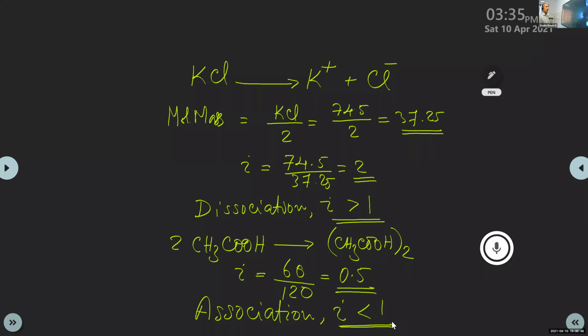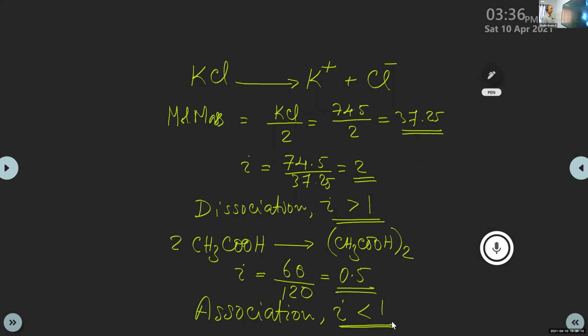So the experimental molecular mass, that is the abnormal molecular mass, is almost double the theoretical value. The theoretical value is 60 and the calculated or abnormal molecular mass is equal to 120.